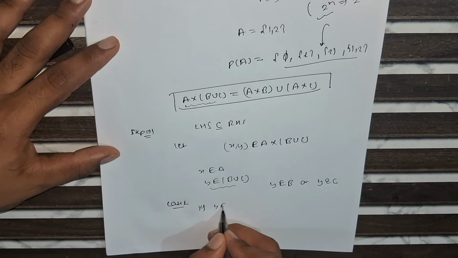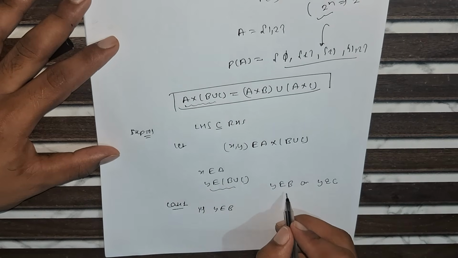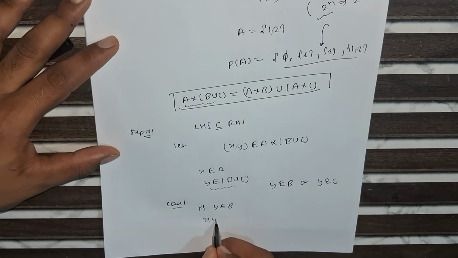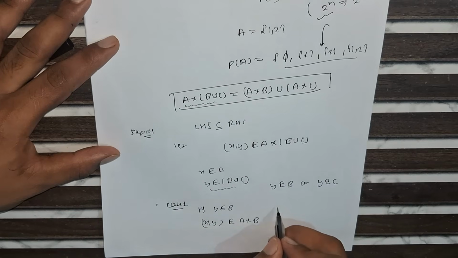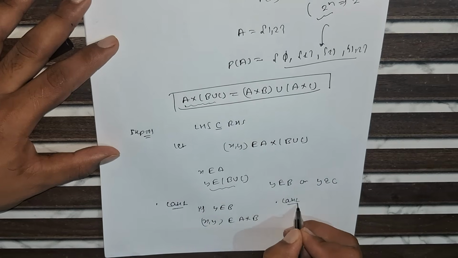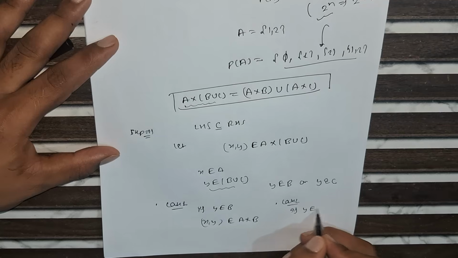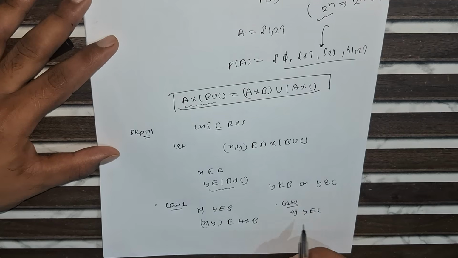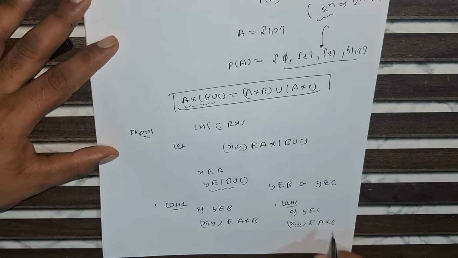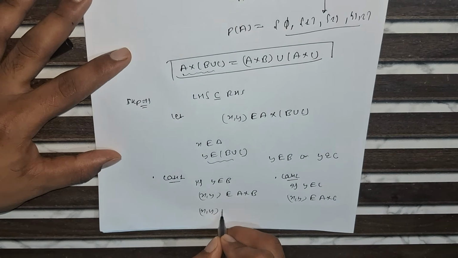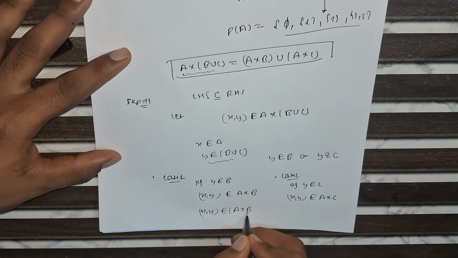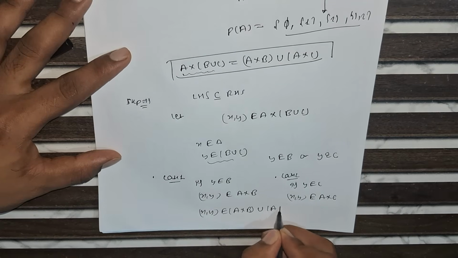Our case 1 is, if Y belongs to B, I am taking this case here, it means (X, Y) also belongs to A cross B. This is our first case. Now our second case is, if Y belongs to C, it means (X, Y) also belongs to A cross C. So we can say that (X, Y) belongs to (A cross B) union (A cross C).